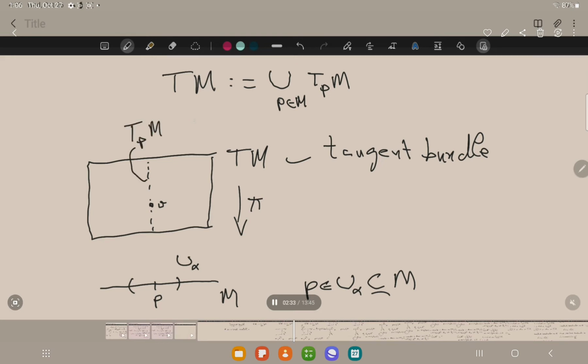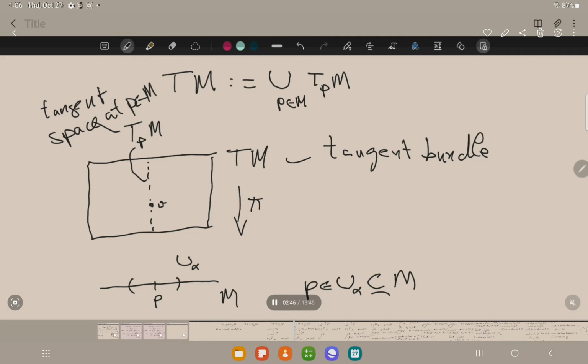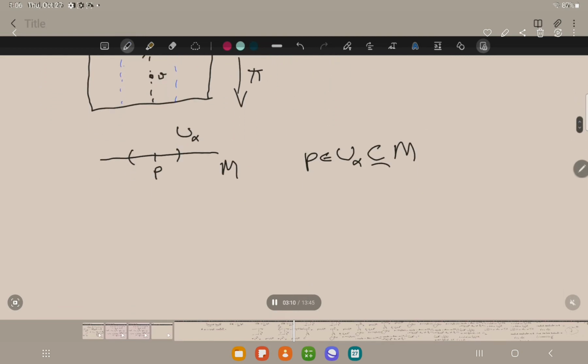That whole line is the tangent space of all the vectors tangent to that point P. So that's the tangent space at P. Of course, if you take the inverse projection, pi to the minus 1 of U alpha, then you get that portion of the tangent bundle.